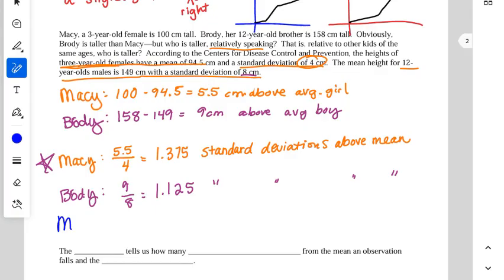So let's answer the question. It says, who is taller, relatively speaking?